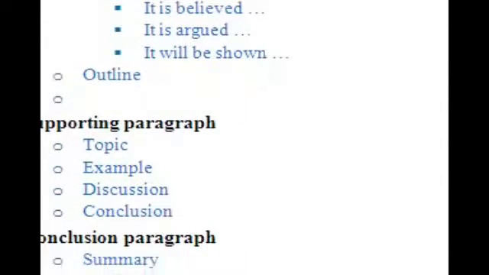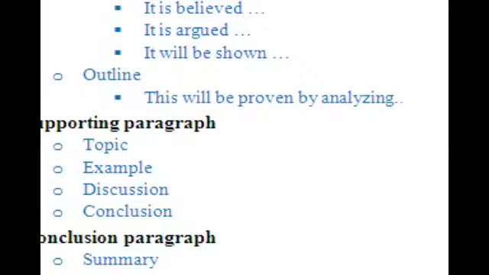Now finally, when you get to your outline sentence, this is where you want to bring up two points that will support your thesis. So we might start this sentence by saying something like, "this will be proven by analyzing," and then we'd go on to state point number 1 and point number 2.